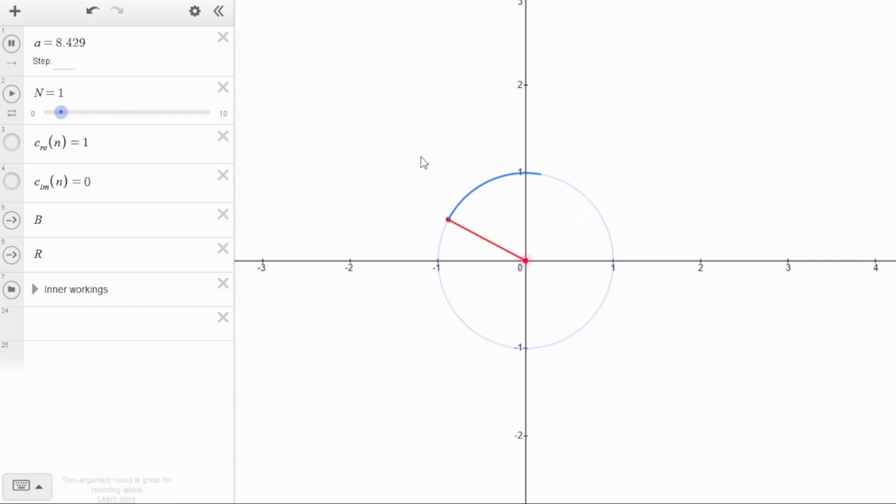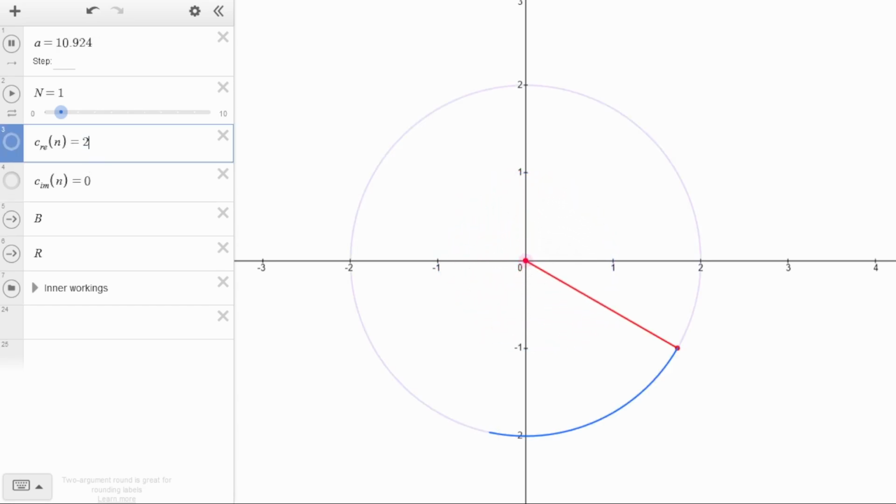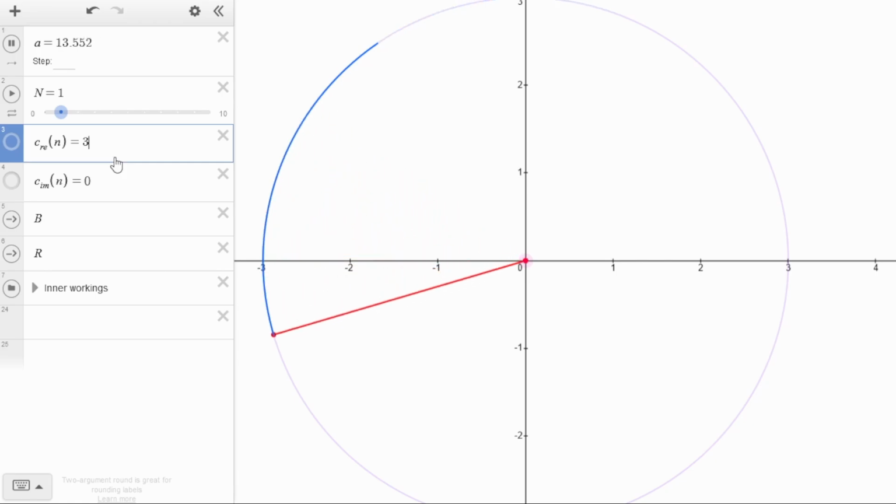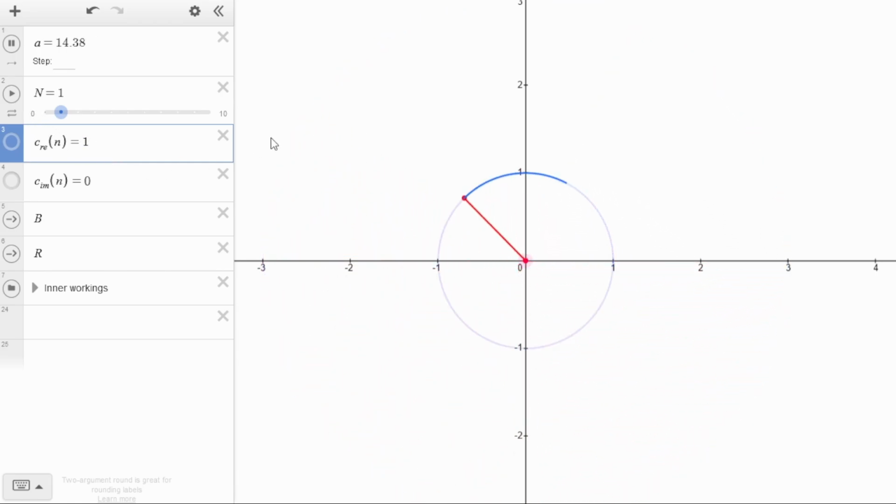Although I've slowed it down so you can actually see it better. Here you can see the real part of the Cn. So right now the real part is 1. If I change it to 2, it's 2 times as large. So now C1 is 2. If I change to 3, C1 is 3. Then we reset it back to 1.